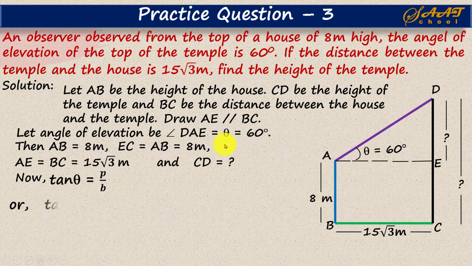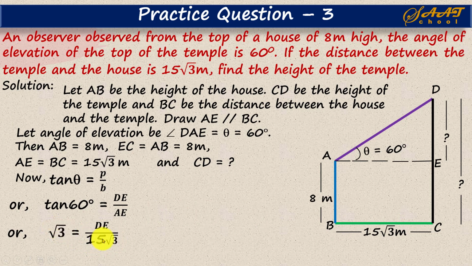The value of theta here is 60 degrees. Now the perpendicular in this case is DE and the base is AE. We have tan 60, which is square root of 3. Now we have to find DE and we have the value of AE, which is from here. Again, this AE is equal to BC, which is 15 square root of 3.